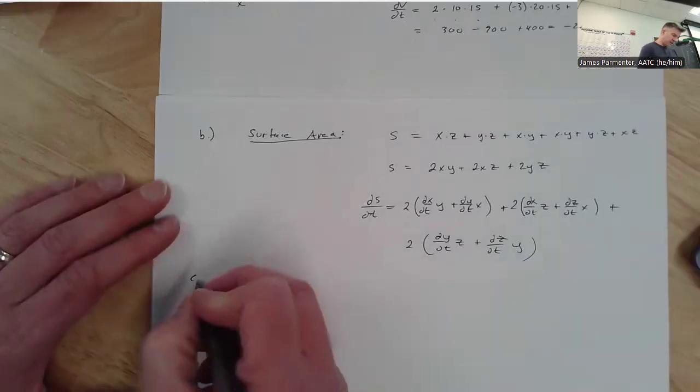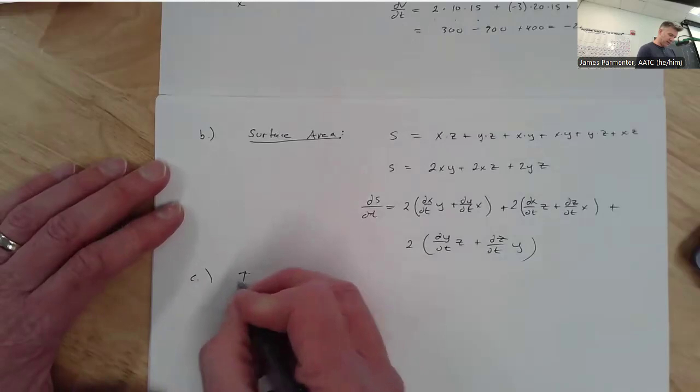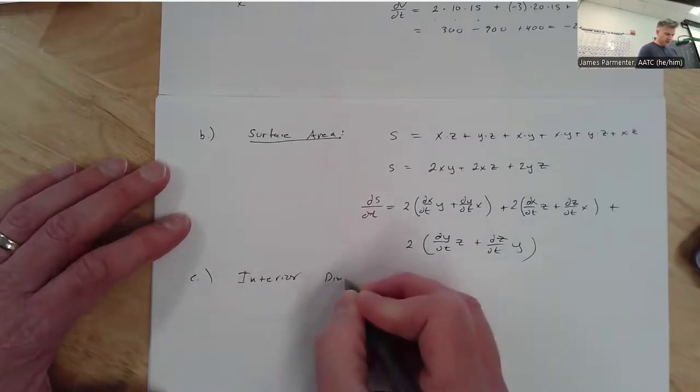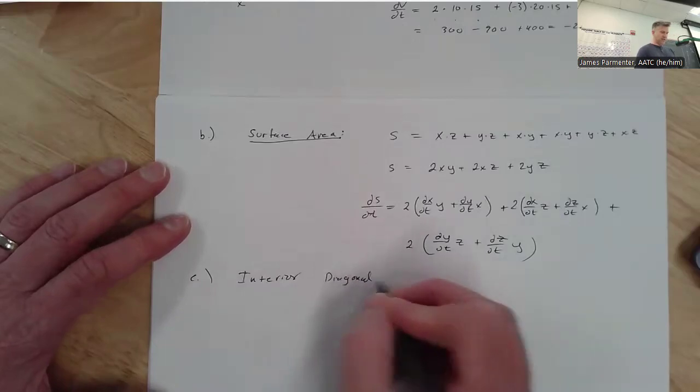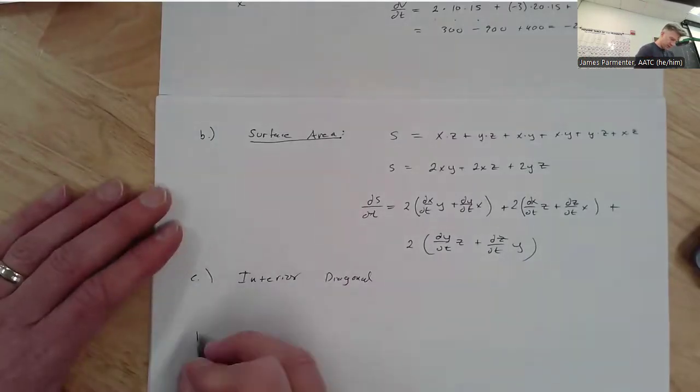But let's talk about the interior diagonal length. I'm not exactly sure why they're using the word interior, other than I guess if you said exterior, you might think of the diagonal of one of the sides, whereas the interior diagonal length is definitely, let me draw this picture again.